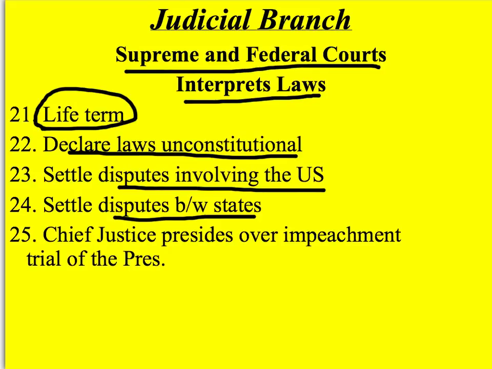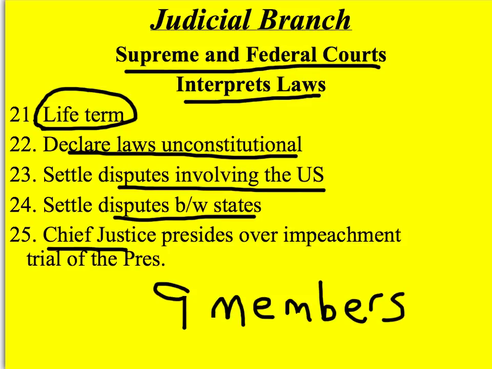And finally, the Chief Justice, by the way, on the Supreme Court there are 9 members. All right, 9 members on the Supreme Court. The Chief Justice presides over the impeachment trial of the president. If you remember, if the president is impeached, that means he has had charges brought against him by the House of Representatives.